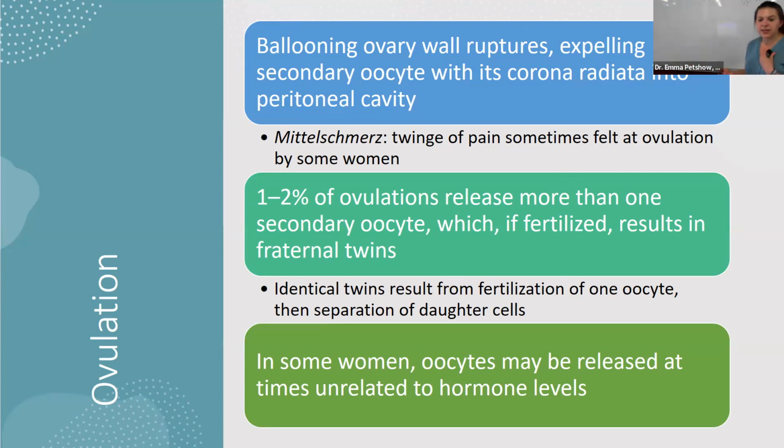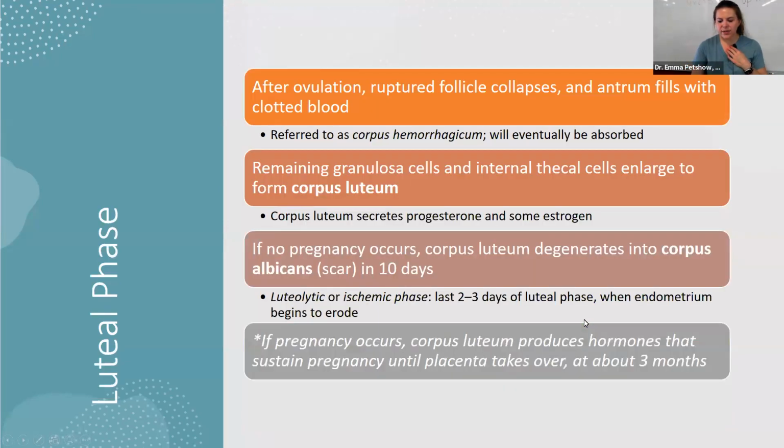More rare, obviously, but it can occur. Every once in a while, more than one secondary oocyte is released per ovulation, which could lead to fraternal twins. Identical twins are from one oocyte, and then the daughter cells are separated. Sometimes hormones can dictate how this is released. They should, but sometimes we don't respond to them, and that's when you can see certain pathologies.